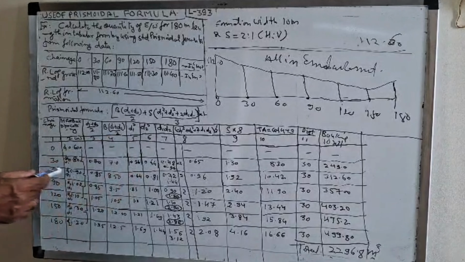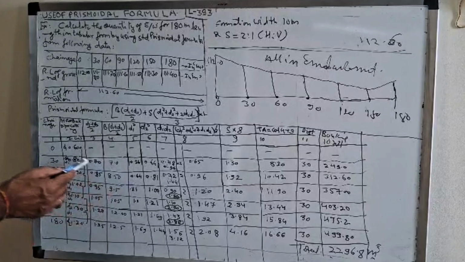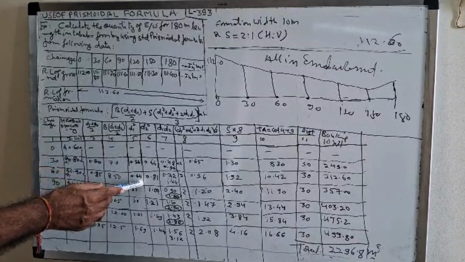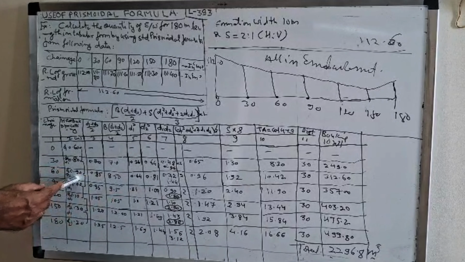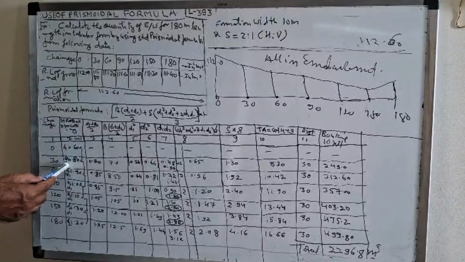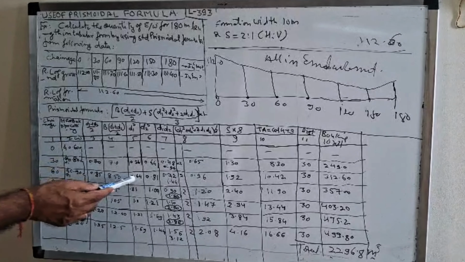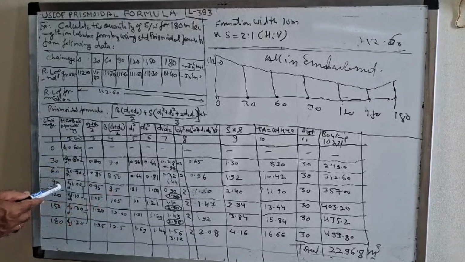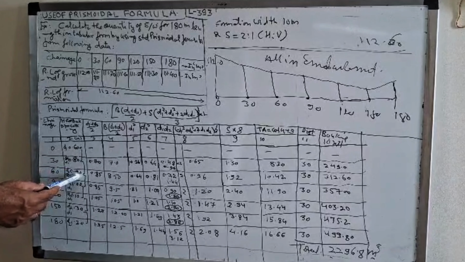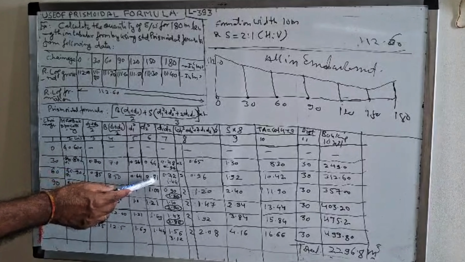For the next, this will be d1, that is 0.64, and for the first this was d2, and for the second this is d1. Then next d1 is 0.9, that is 0.81.